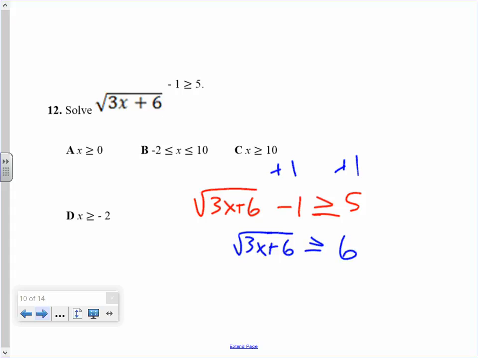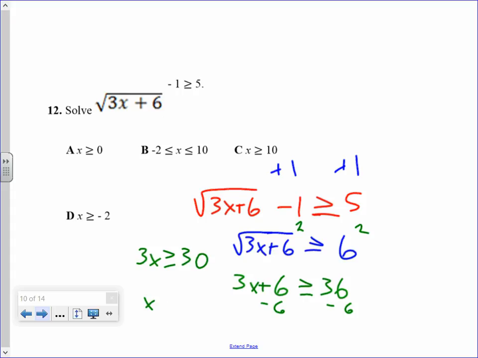Then we can square both sides of the inequality, which will get rid of the radical. Okay? Subtract 6. We get 30. Divide by 3. x greater than or equal to 10.